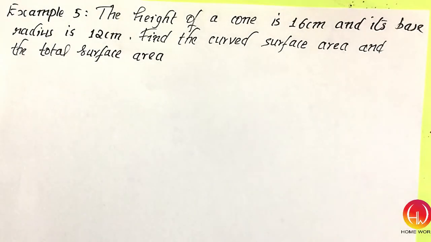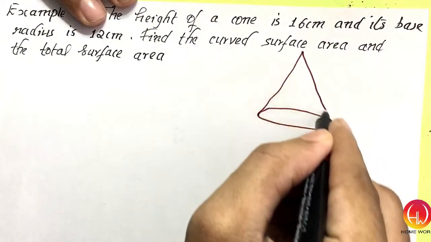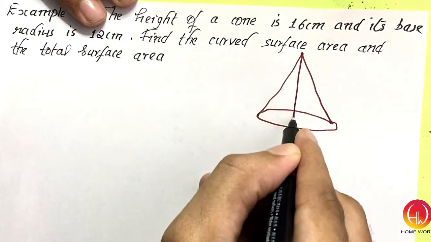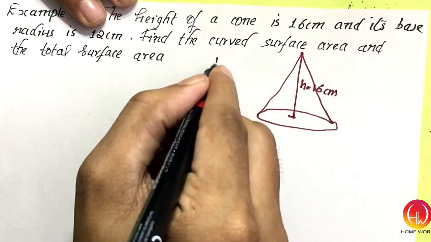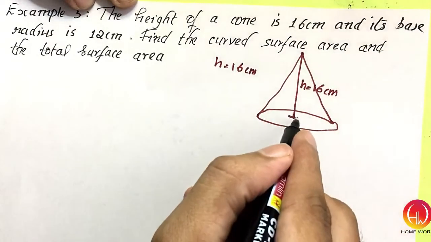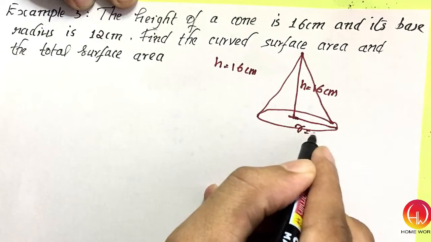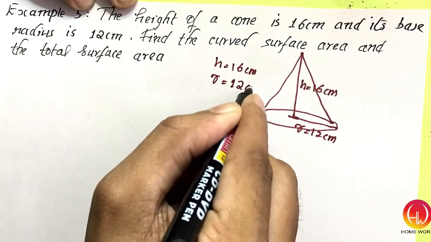Next question. The height of a cone is 16 centimeter, and its base radius is 12 centimeter.